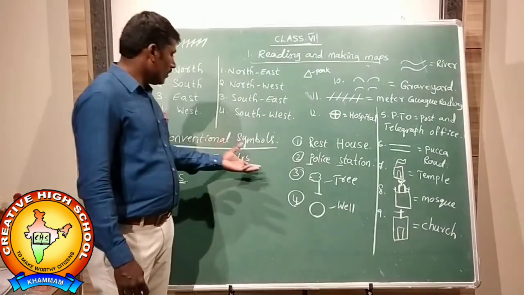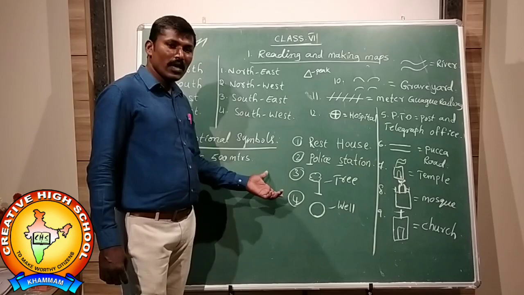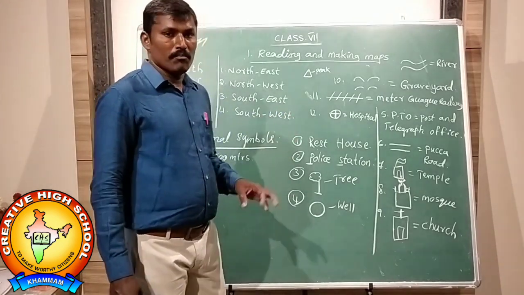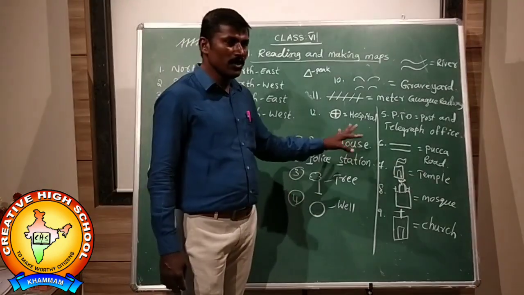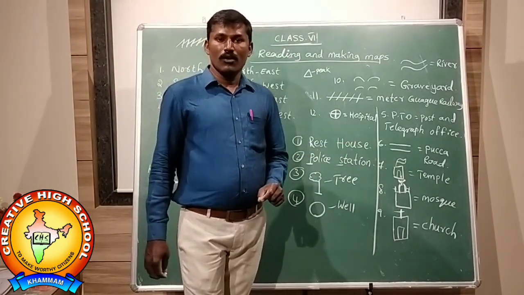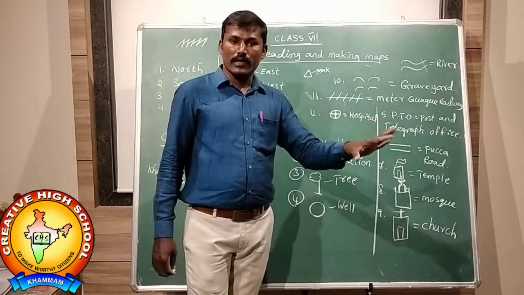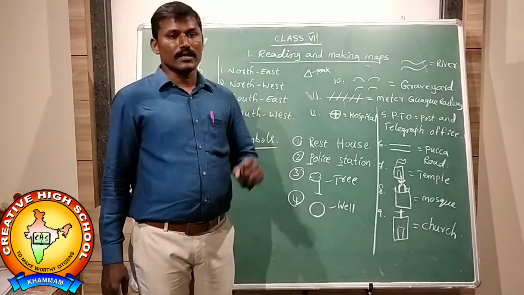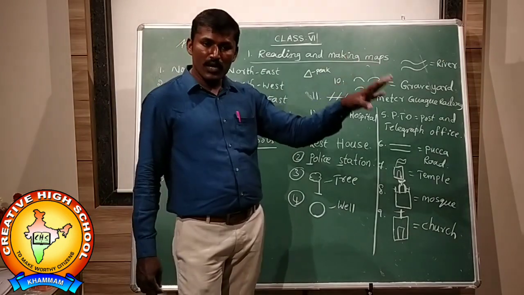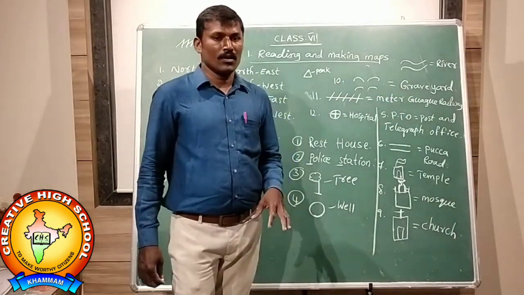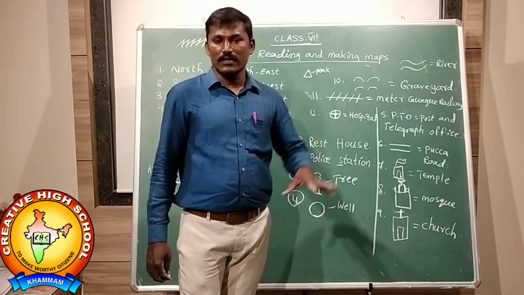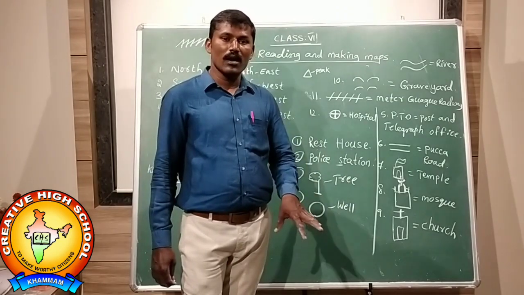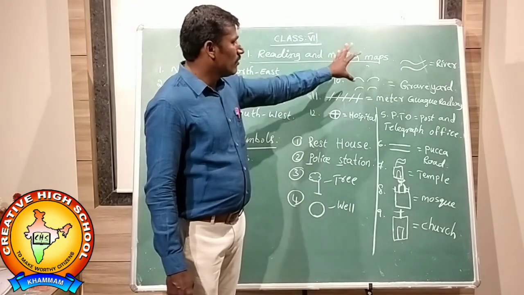So, you all try to make your own sketch map by using these symbols in your area. Where is the Gram Panchayati located? And where is the hospital located? Where are the fields located? And where is the police station located? And in your village or town, where is the overhead tank?